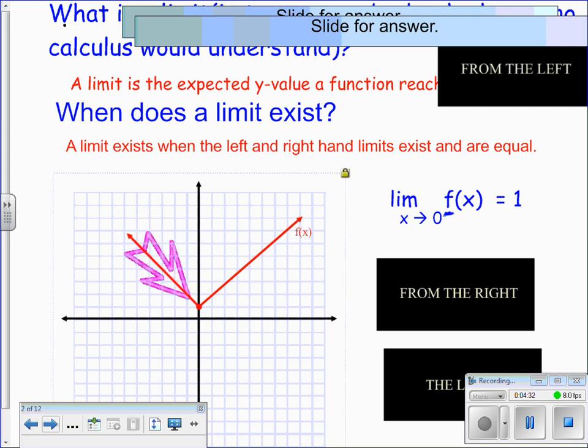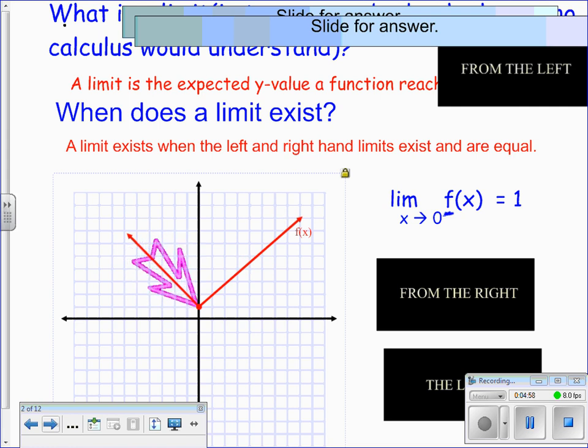As x goes towards 0, what y value do I approach? 1. It goes towards 1. It actually hits 1, but that's not necessary. It approaches 1. So the limit as x approaches 0 from the left of f of x is 1.